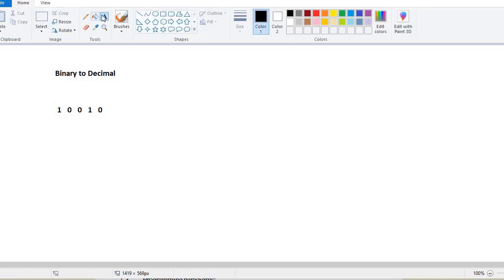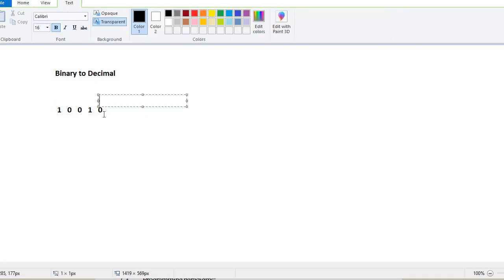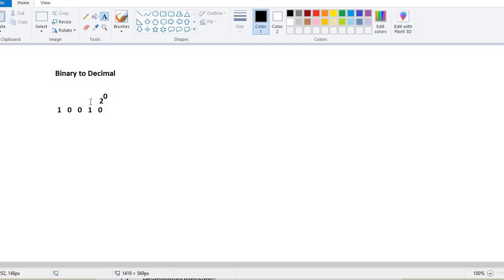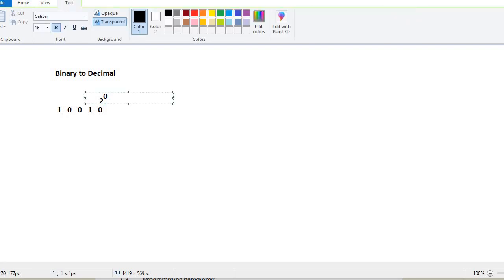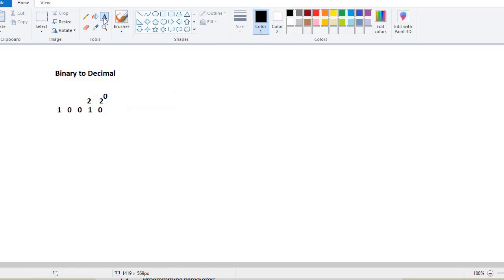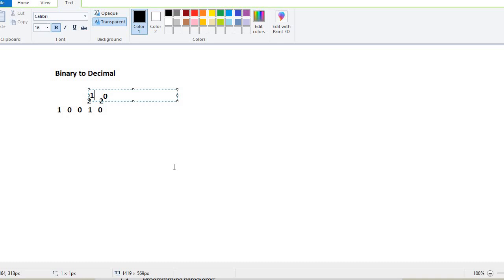So here we will take 2 to the power 0. Then here it will have 2 to the power 1.